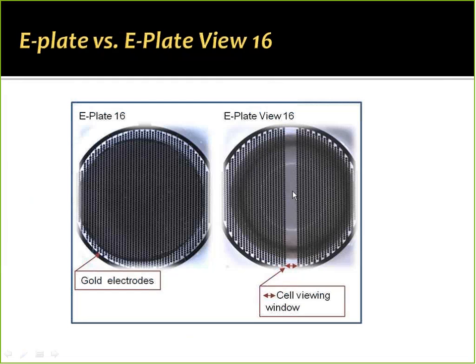So we can actually get a cell index in 24 hours, still take this and take a nice image between this window using microscopy so that we can really validate the data more readily compared to the standard E-plate, which does not have this viewing window. And of course, we can only gauge cell growth between this small area.